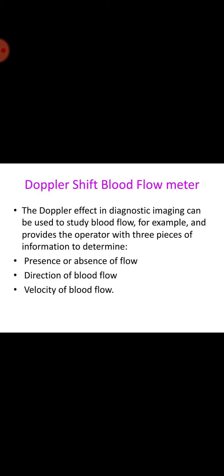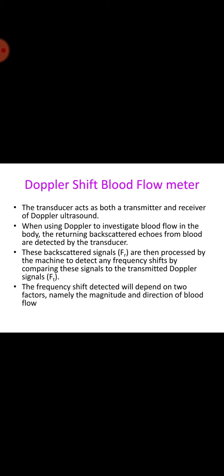So the Doppler shift blood flow meter can measure three pieces of information: presence or absence of flow, direction of blood flow, and velocity of blood flow. Suppose the transmitted frequency is Ft and the received frequency is Fr; the frequency shift detected will depend upon two factors, the magnitude and direction of blood flow.